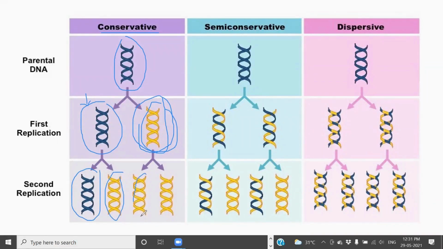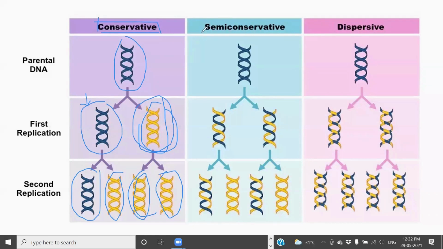Here also, from both the new daughter DNAs, two DNA molecules are synthesized, two daughter DNA molecules, and both are new. In this way, replication takes place by the same conservative mode, and it was only a theoretical model.